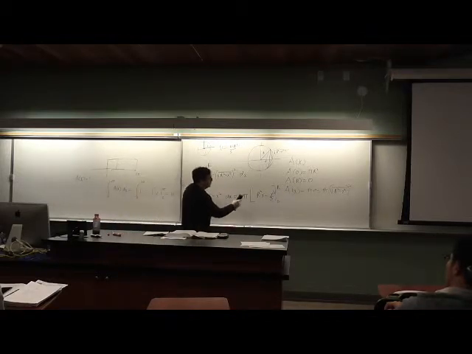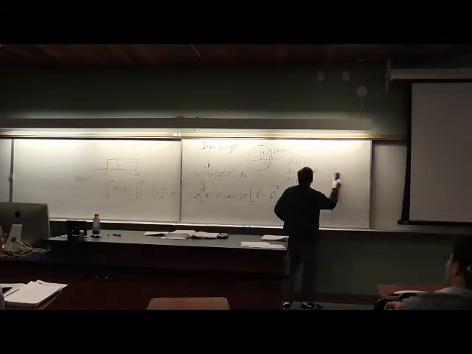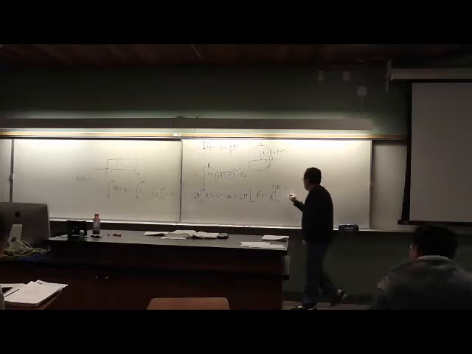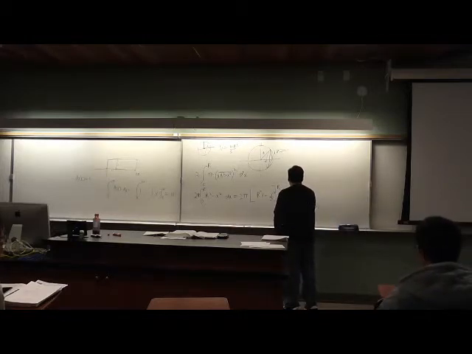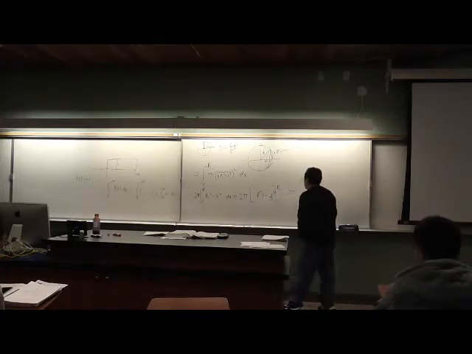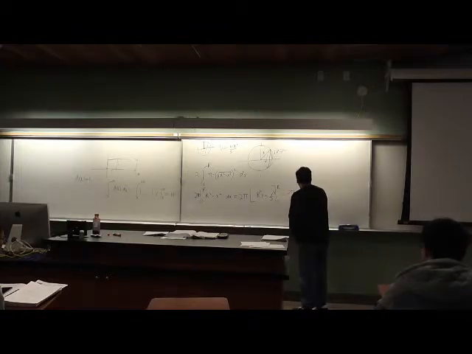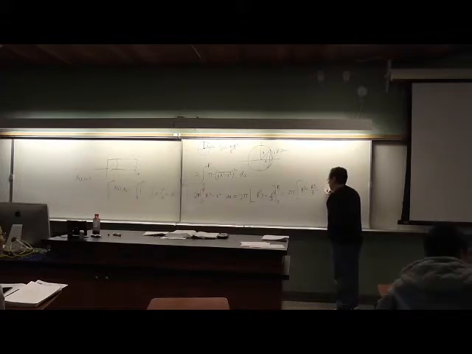I'm going to have to erase my area function here, but okay, so what is this? 2 pi times R cubed minus R cubed over 3, minus 0 minus 0.